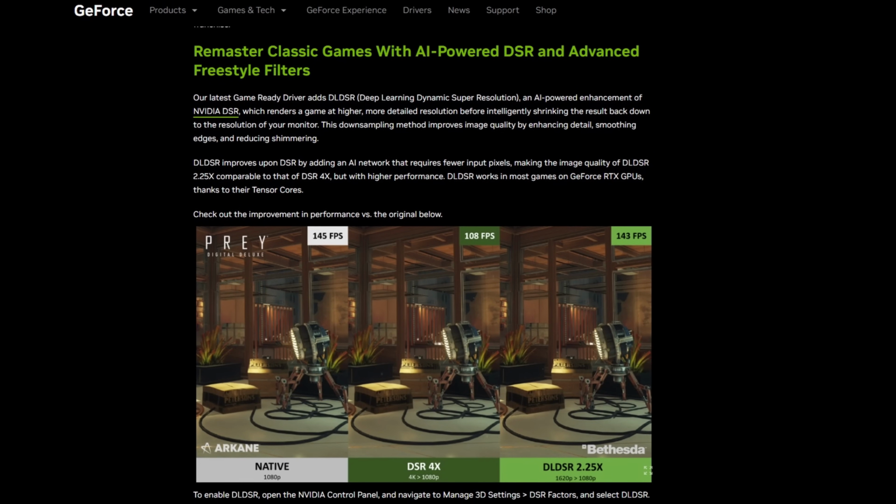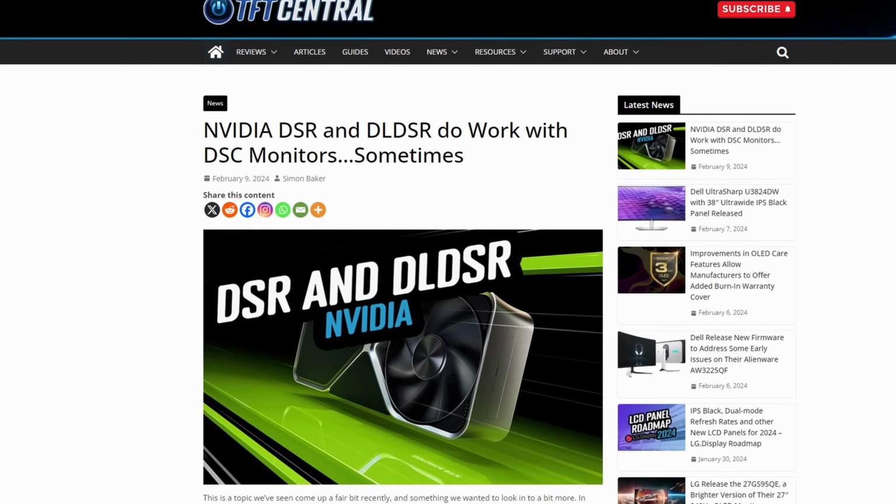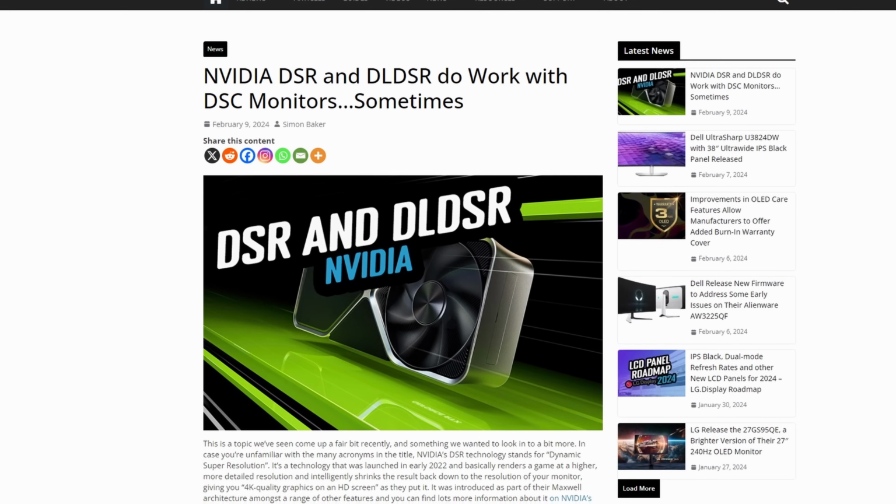However, there are some issues that bother some people with DSC, mostly when connected to older systems and to NVIDIA graphics cards it seems, and more caused by NVIDIA's handling of DSC on their graphics cards. One thing we test in our reviews now is the support for NVIDIA DSR and DLDSR upscaling technologies. Sometimes these can work on displays with DSC, but sometimes they can't.